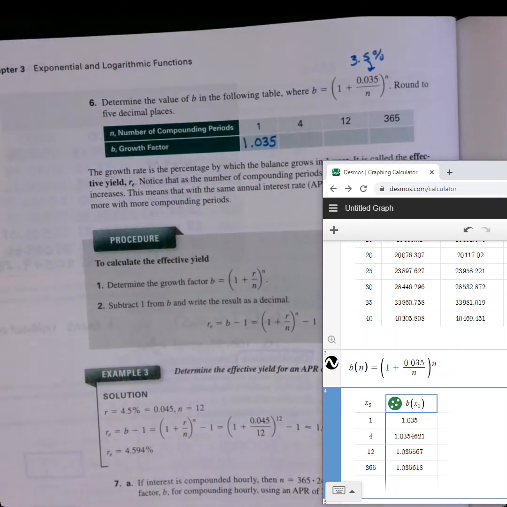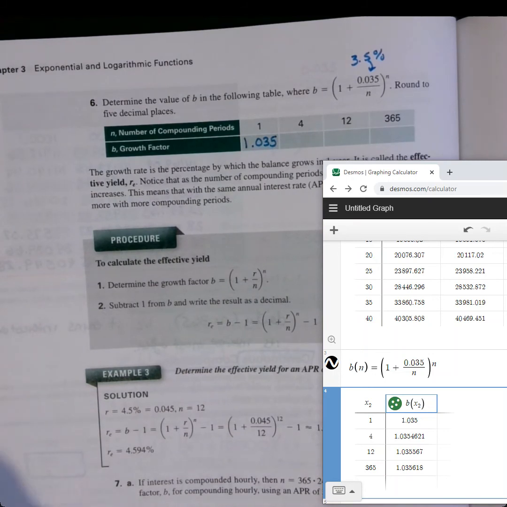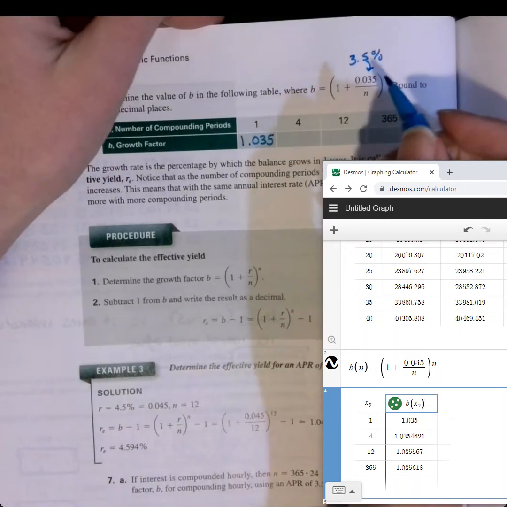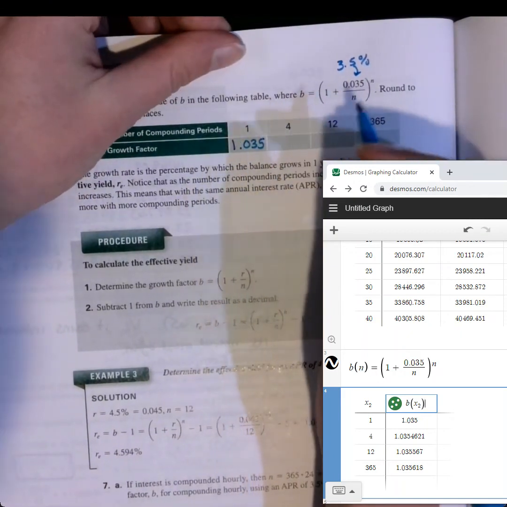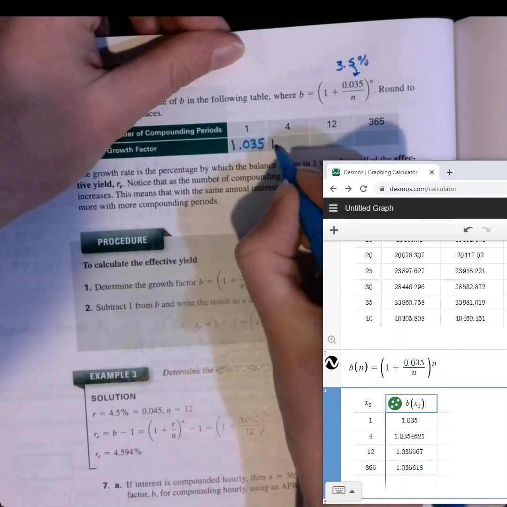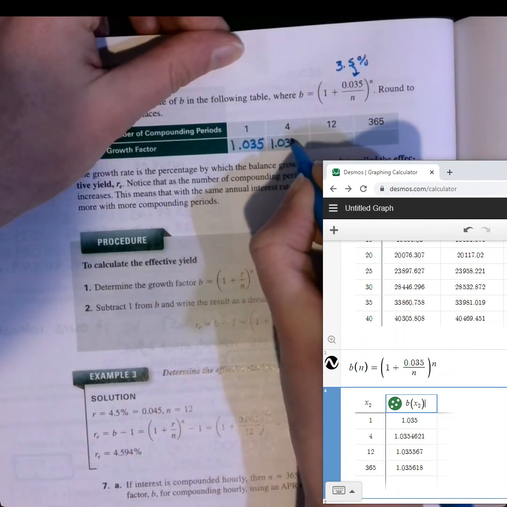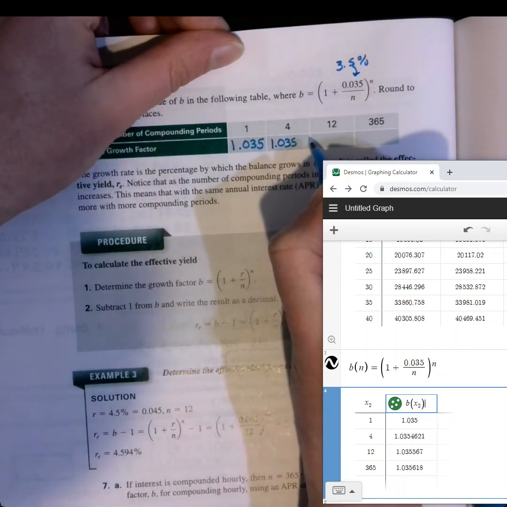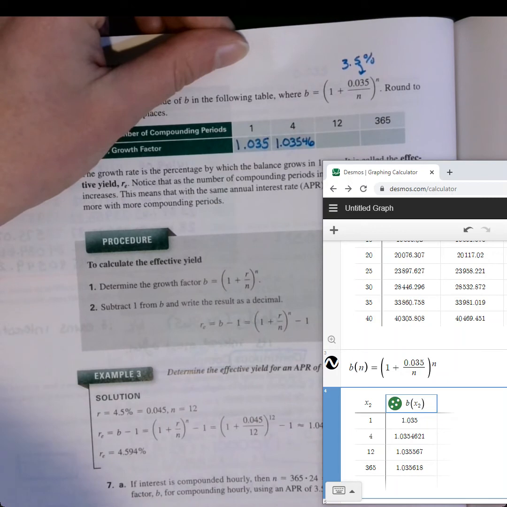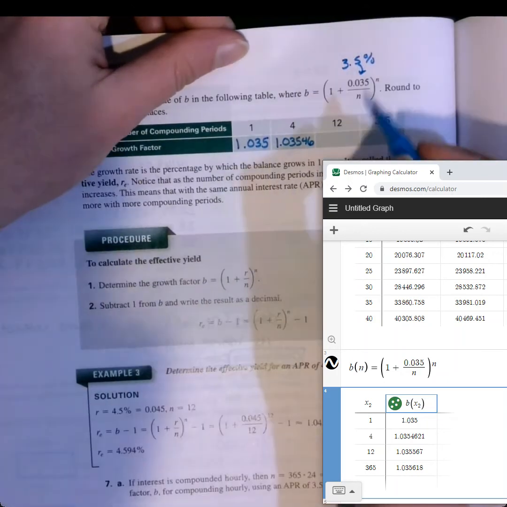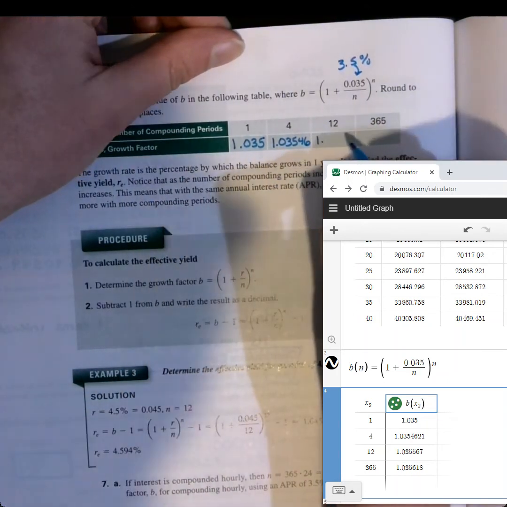In simple interest case, your base and your growth rate pull together and they make the 1.035 for your growth factor. If it was, though, quarterly, I did this one as well, it would have been 1.03546. So it's slightly larger. If it would have been monthly, we haven't done this one yet, it would have been 1.03557.